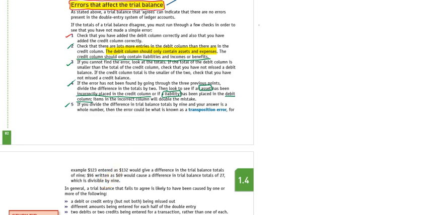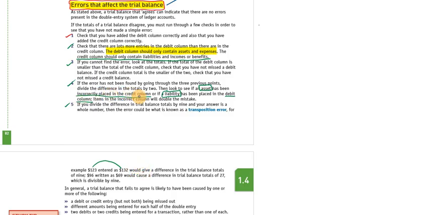If the difference is divisible by 9, it is an indication that there will be a transposition error. Transposition error means we should write 123 but we wrongly wrote 132. So this is the transposition error.